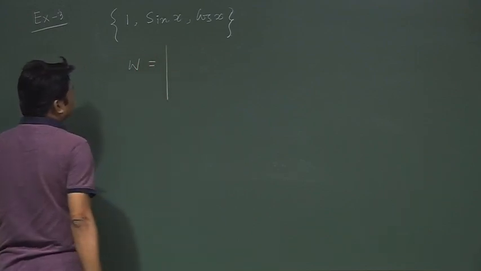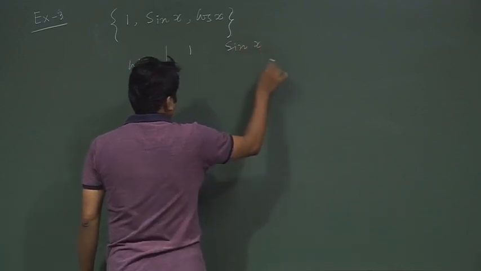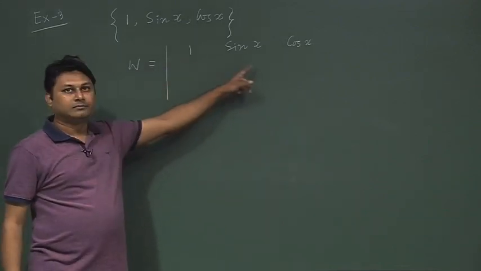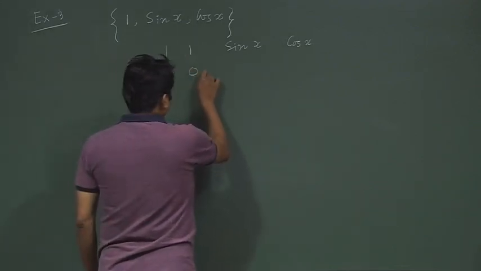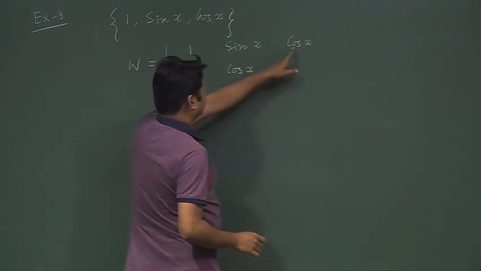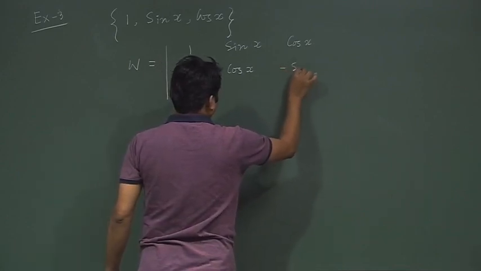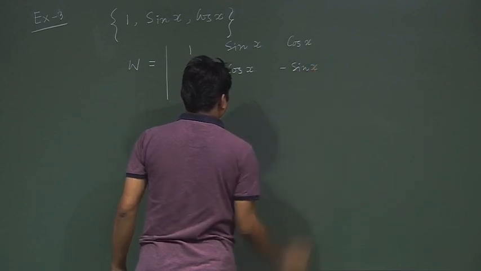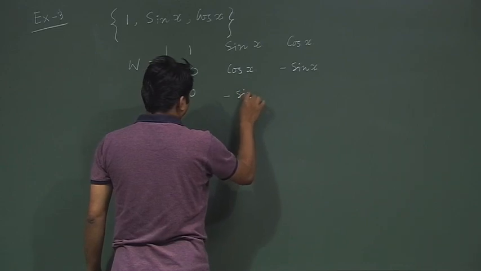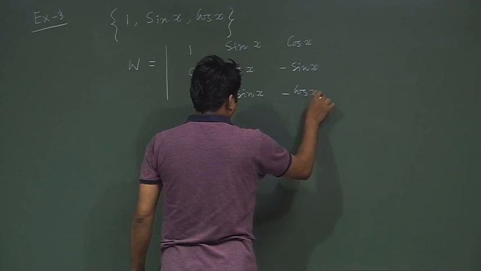The Wronskian can be represented by 1, sin x, cos x; 0, the derivative of sin x which is cos x, the derivative of cos x which is minus sin x; and 0, cos x derivative is minus sin x, minus sin x derivative is minus cos x.